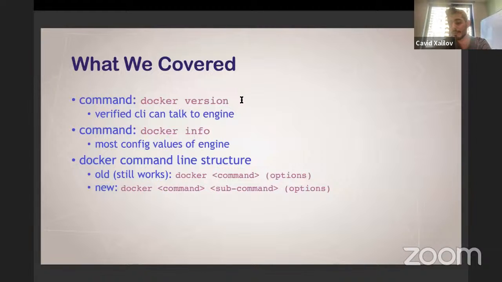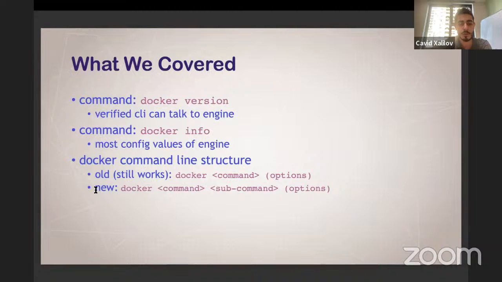Before 2015, Docker had a different style, like I show here on the slide. You would write docker and then a command. It was an old style, but it was not efficient.